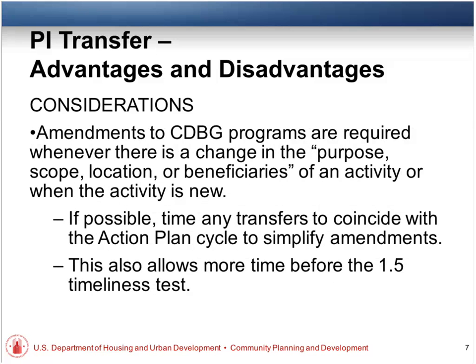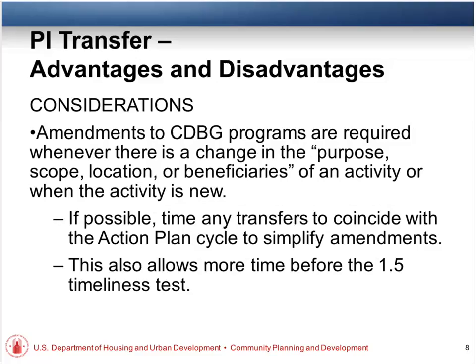All right, so a little bit more on amendments. Right out of the regulations at 91.505, if there's a change in the purpose, scope, location, or beneficiaries of an activity, or if it's a new activity, then that triggers an amendment. And if you think about scope or location or beneficiaries, it seems likely that your NSP funds could trigger that unless it's a nominal amount.